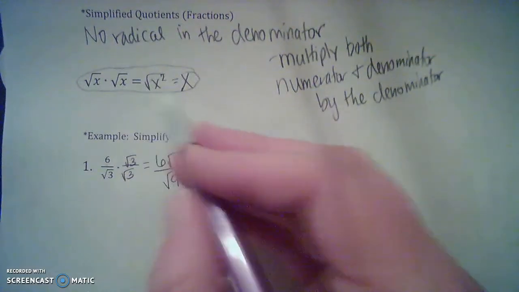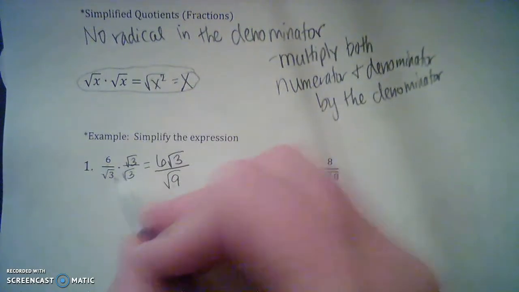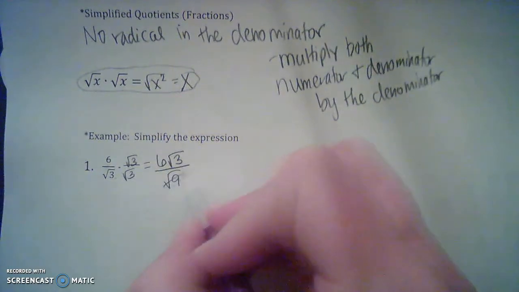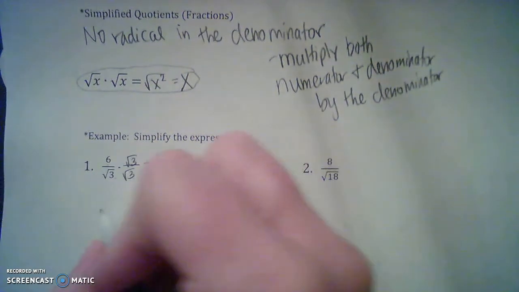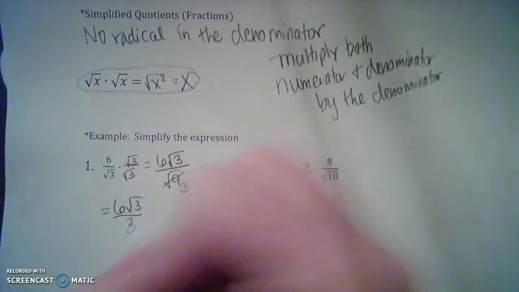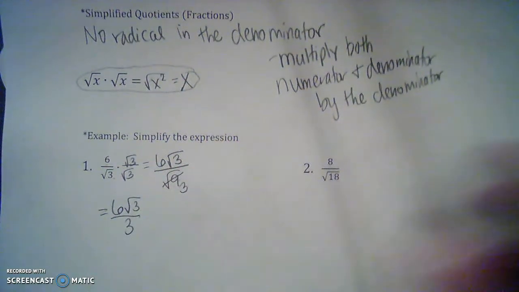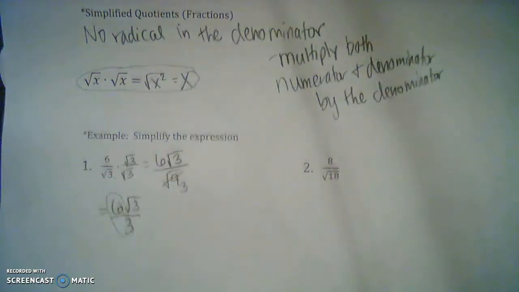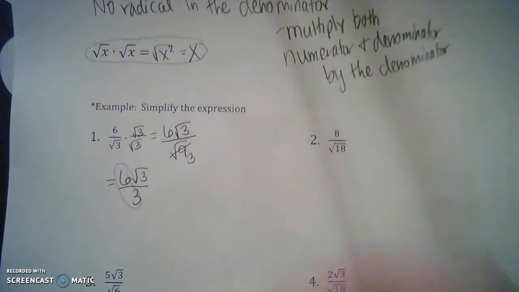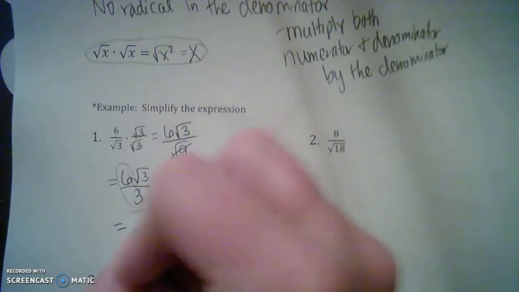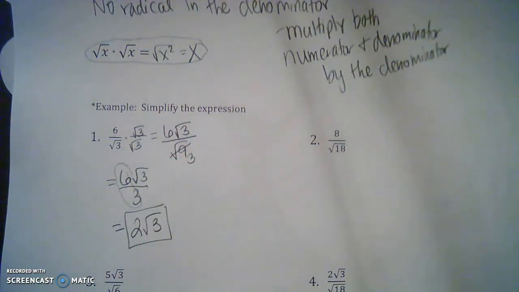Well, the reason is if we look up here, square root of 3 times the square root of 3 is the square root of 9, which is just 3. So we have 6 square root of 3 over 3. You can simplify the outside number and the bottom number. So 6 divided by 3 is 2. So our final answer is 2 times the square root of 3.